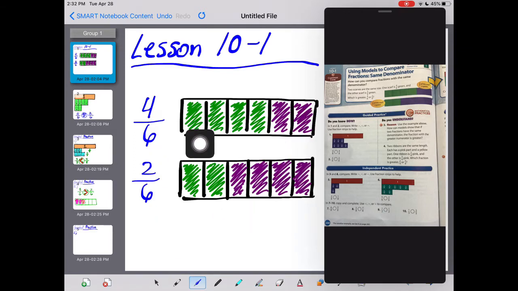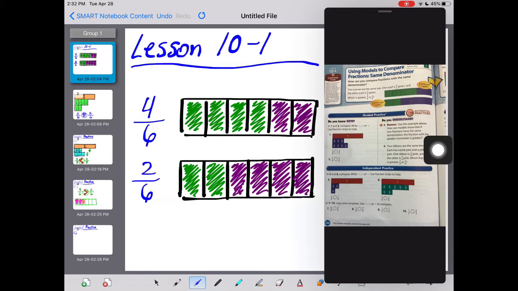So the model helps me to visualize the size of each fraction. With the denominators being the same, models help show that a fraction with a greater numerator will be bigger than a fraction with a smaller numerator, because visually you can see it covers more of the whole. That's one way of saying it.